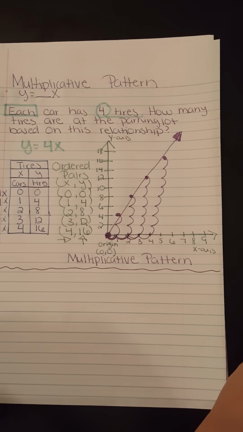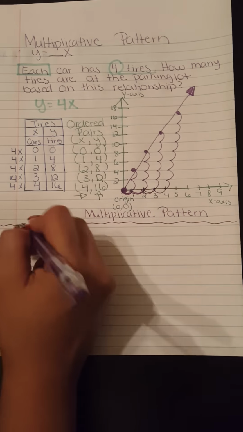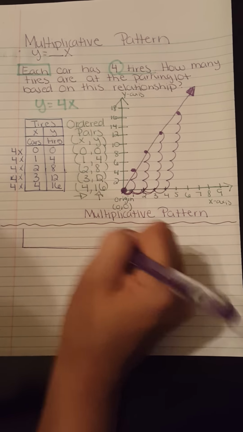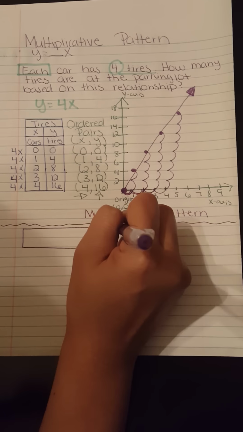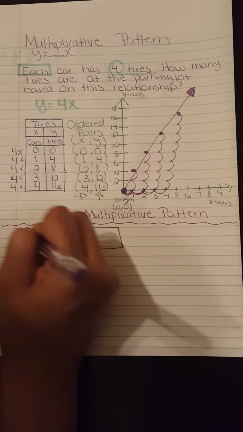Let's do another one. We're going to do one more example, but this time I'm going to be making a horizontal table. We need a little bit more practice with those.